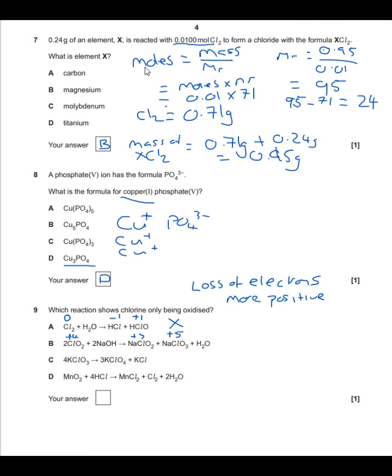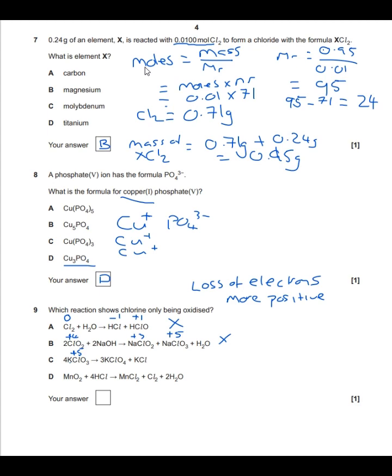So again, this one is not going to be correct because the chlorine has been oxidized into the NaClO3 and it's also been reduced to NaClO2. So it's not just being oxidized, it's been reduced as well. In the next one, we have a +5 charge on the Cl in this compound.